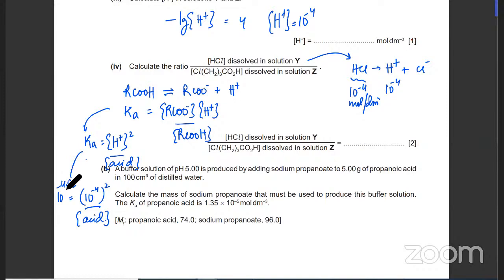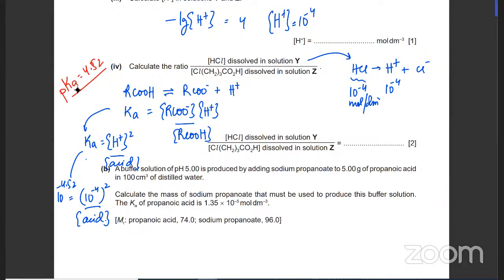They gave you the pK value, which is 4.52, and pK is equal to minus log of K. So K would be 10 raised to minus 4.52.